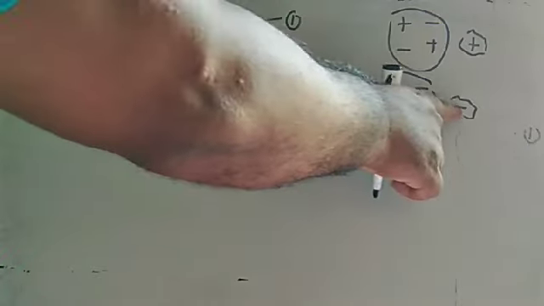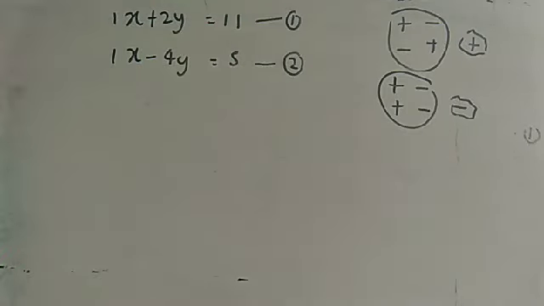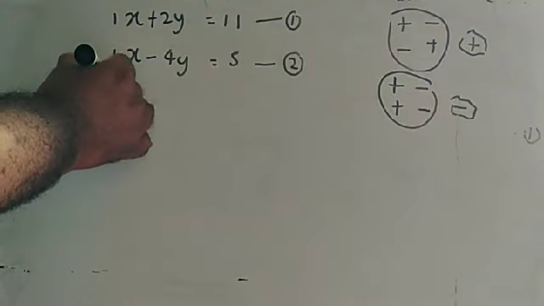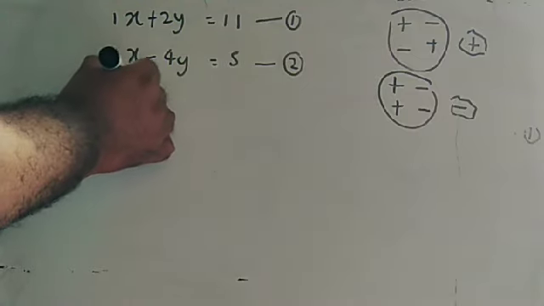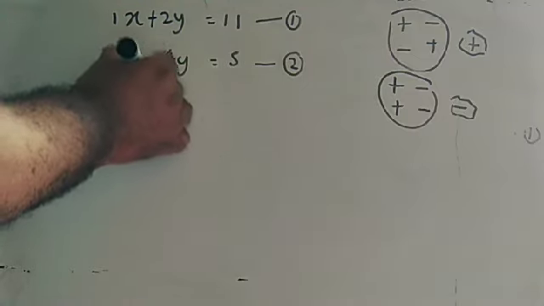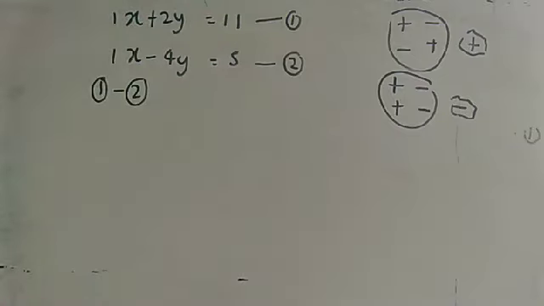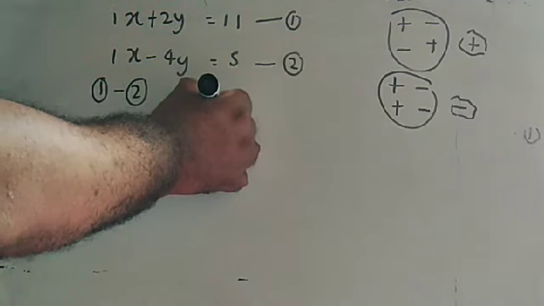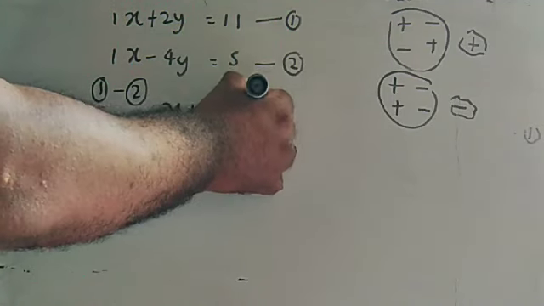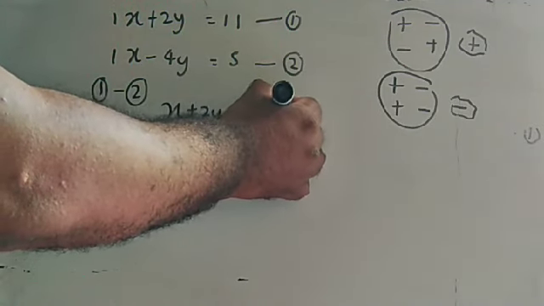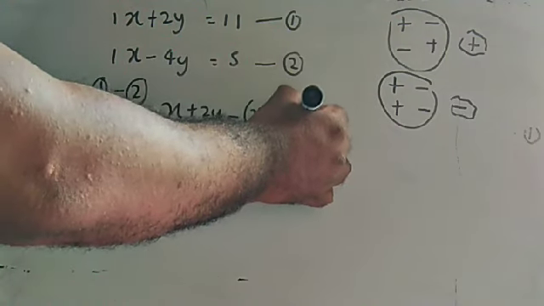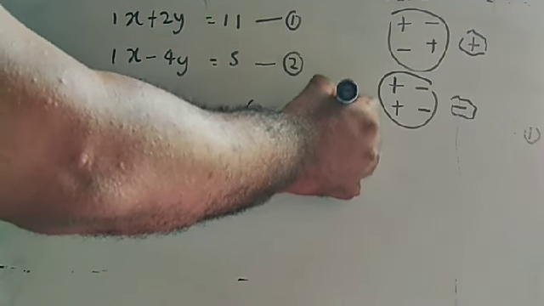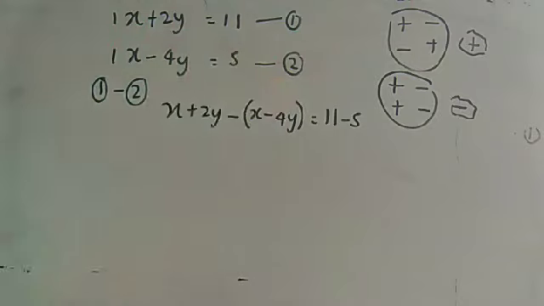When plus signs are there, you can subtract. Then the left hand side, x plus 2y subtract x minus 4y is equal to 11 minus 5.